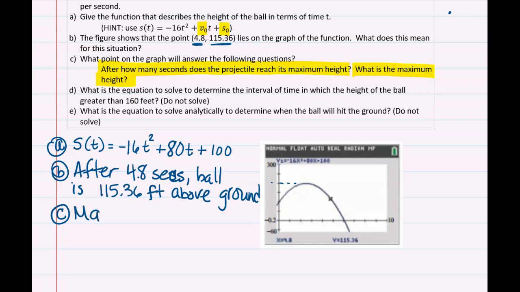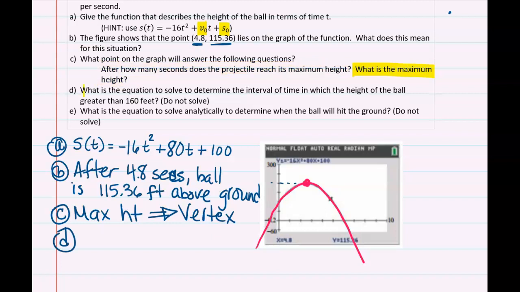So I'm going to write that down, that the maximum height and the time that it takes to get there is actually going to come from the vertex. Remember, we talked about how if we had a parabola that opens downward like this, then the vertex would be the maximum value, or in our case, the maximum height. So let's go to part D.